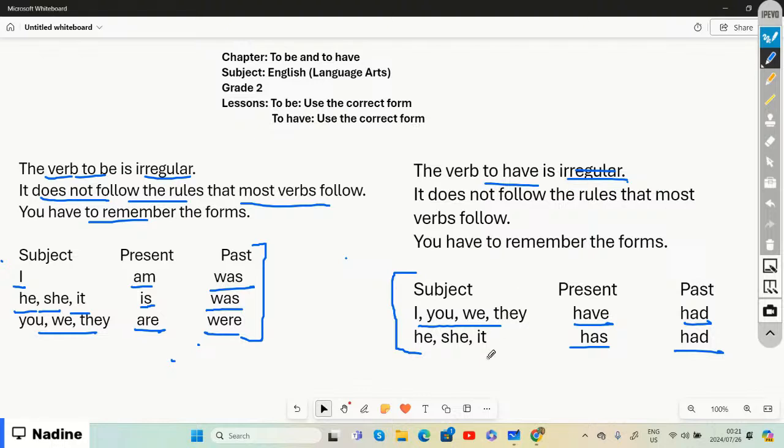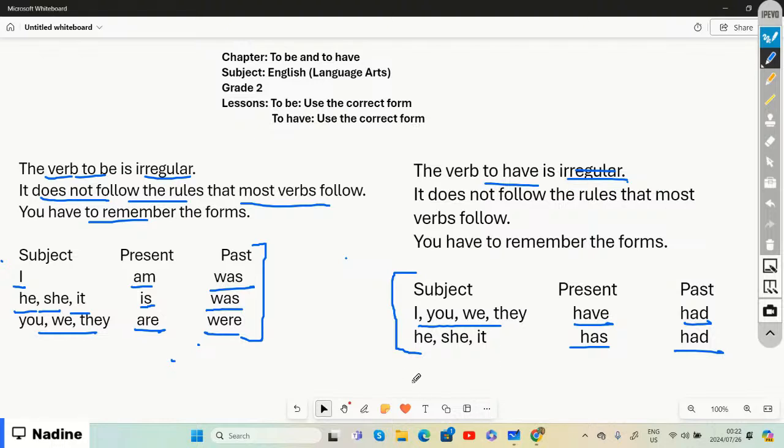All right. So we said that when it comes to the verb tense, the verb to be or the verb to have is already irregular.